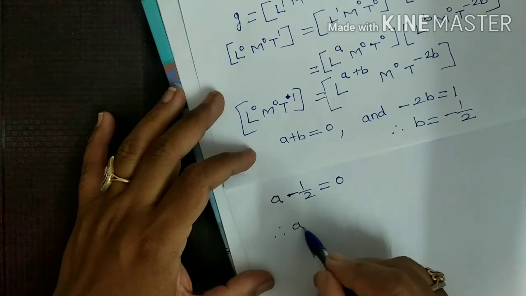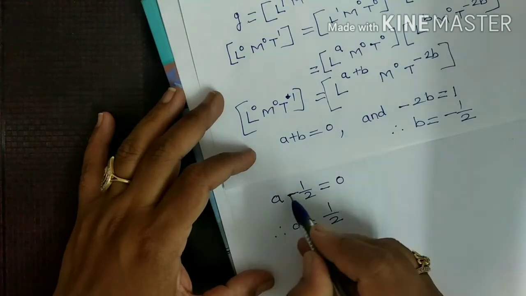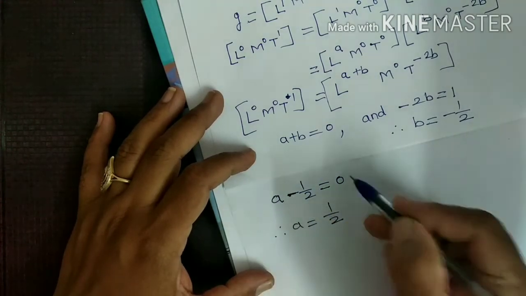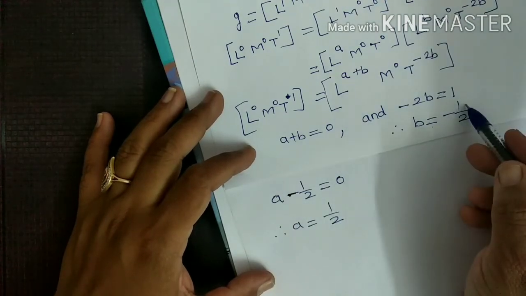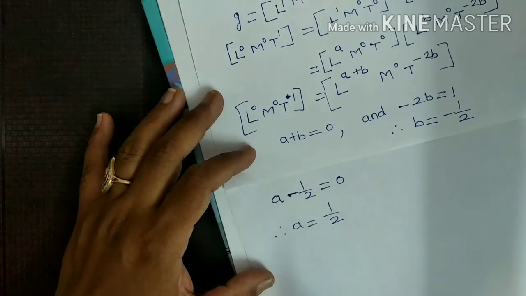Therefore a is equal to 1/2. The minus 1/2 goes to this side as plus 1/2. That means b is equal to minus 1/2 and a is equal to 1/2.